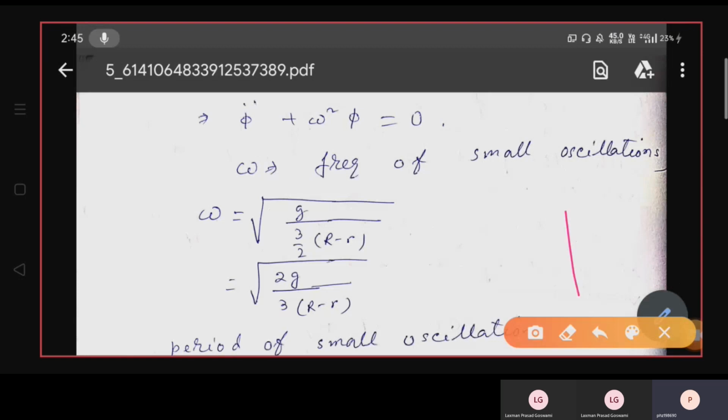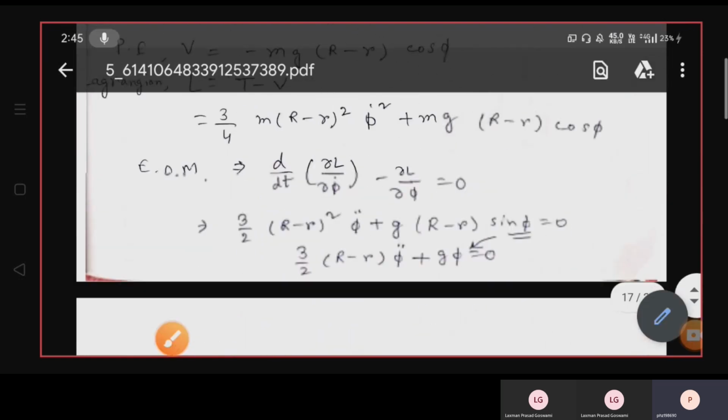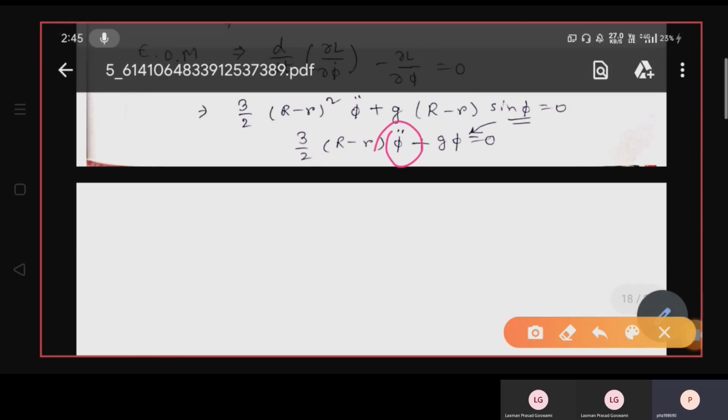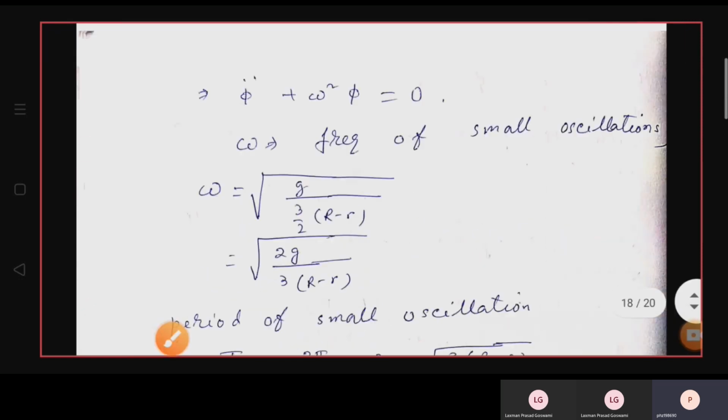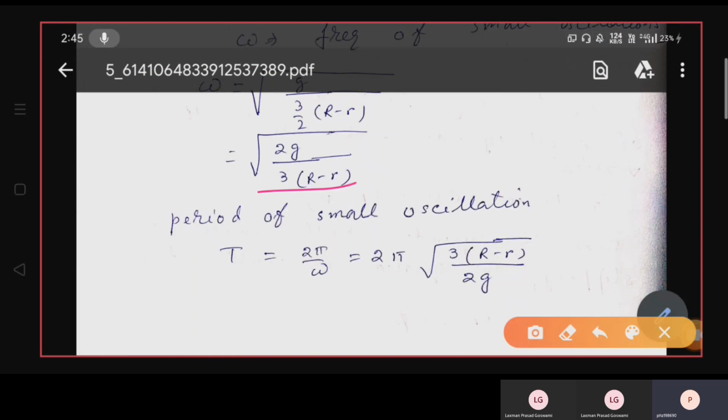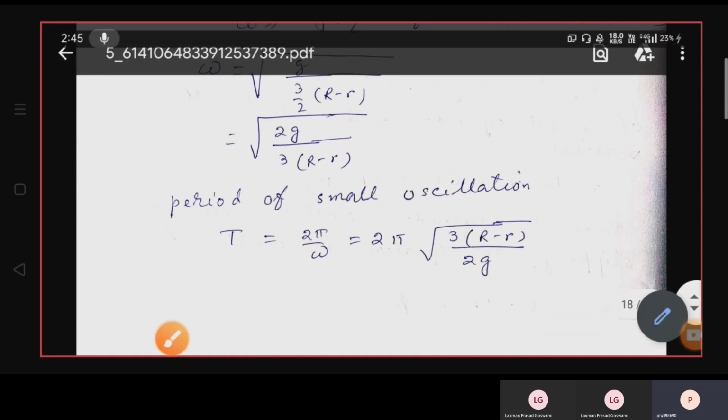You take the 3 by 2 term, write the whole term as omega square, and leave phi double dot alone. So we get omega as root over 2g divided by 3 (R minus r). So the period of small oscillation T equals 2 pi by omega, that is 2 pi into root over 3 (R minus r) divided by 2g.